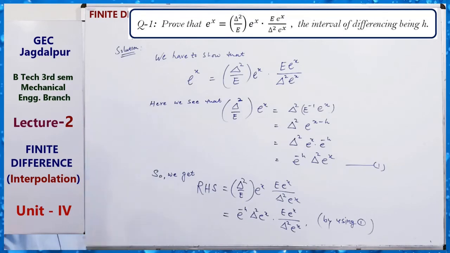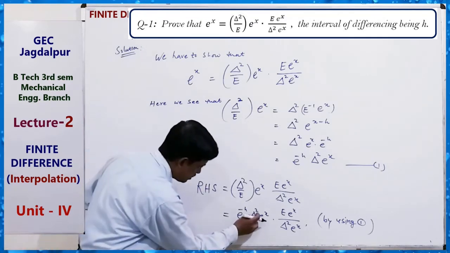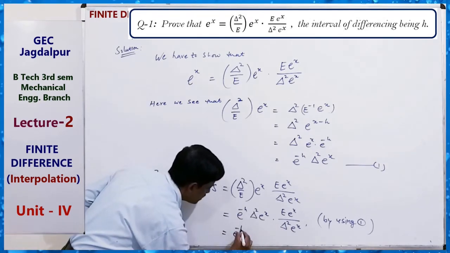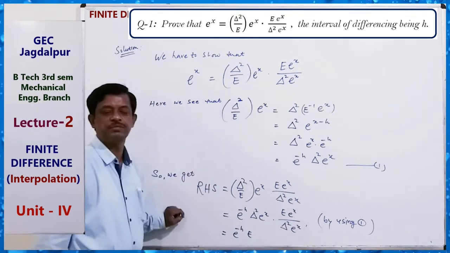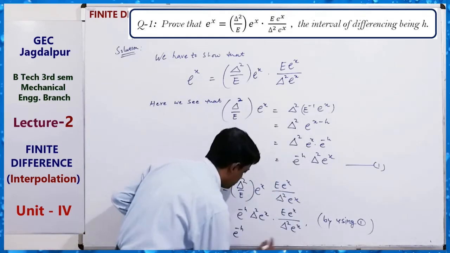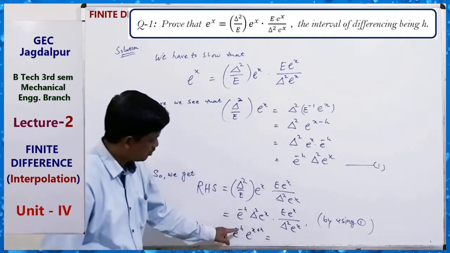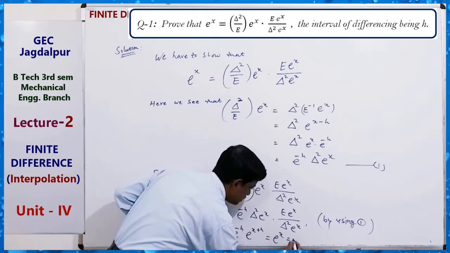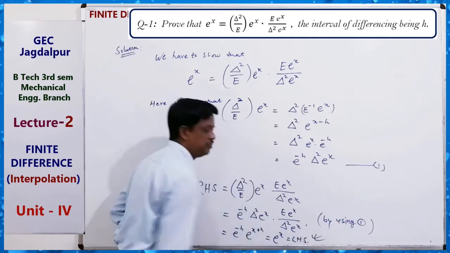Now this and this are cancelled, so we get e to the power minus h as a constant term and E e to the power x, meaning e to the power x plus h by applying the shifting property. This is equal to e to the power minus h plus h, cancel, e to the power x. This is the left hand side. So proved.